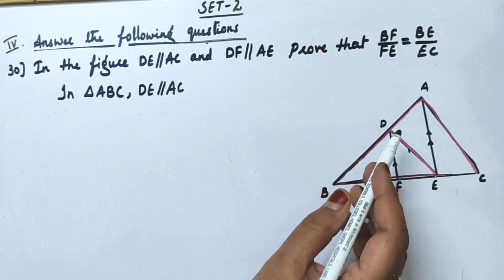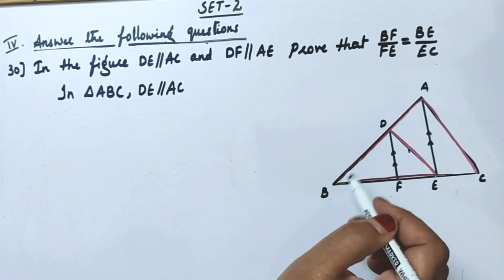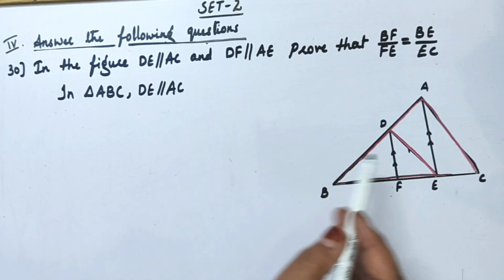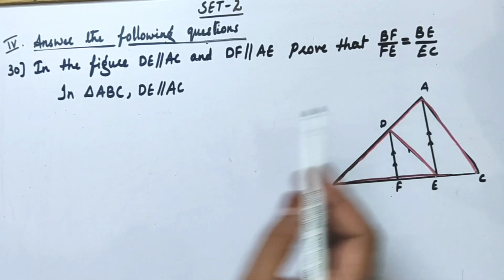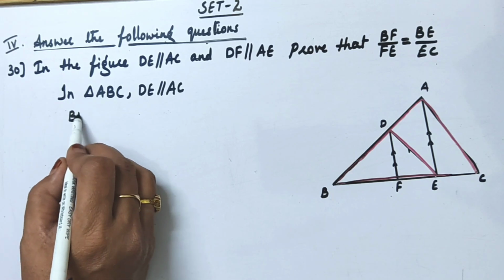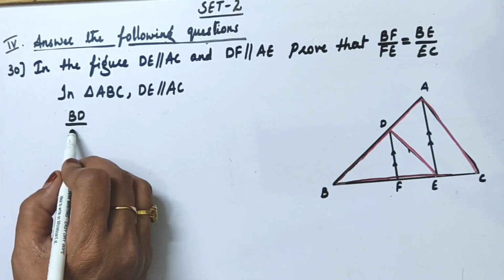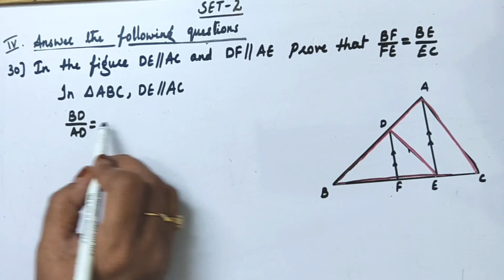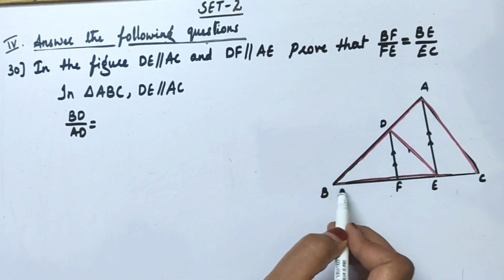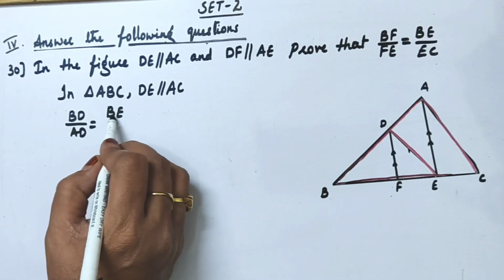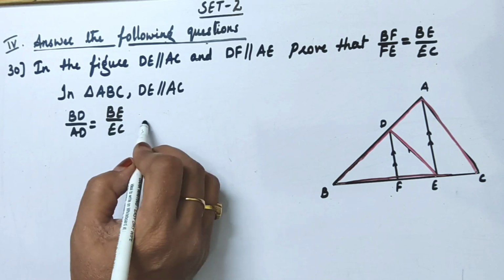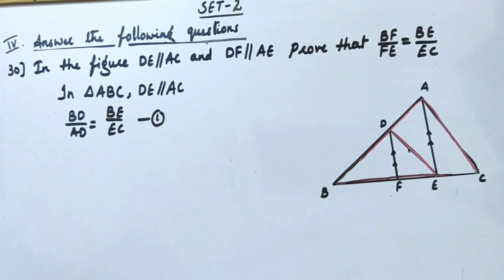When DE is parallel to AC, let us apply Thales theorem. We can say BD by AD equals BE by EC. Let me write this as equation 1.